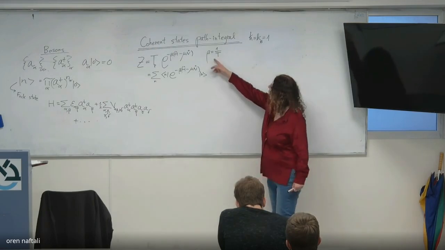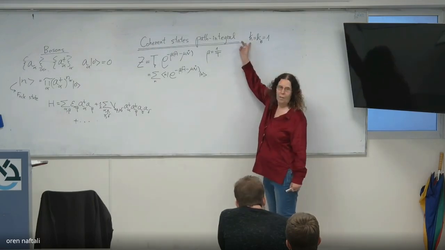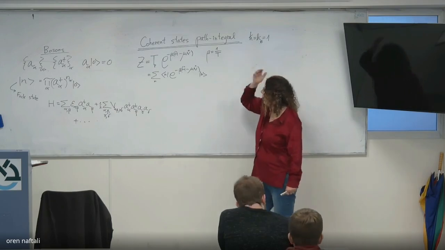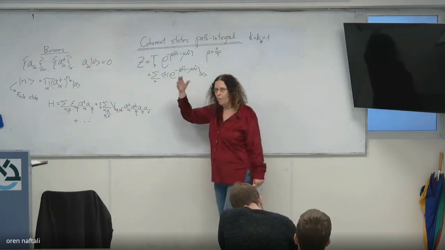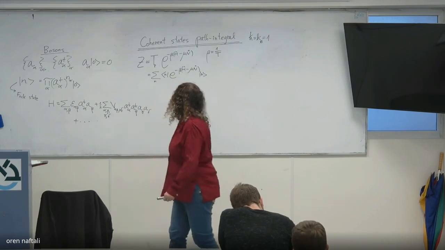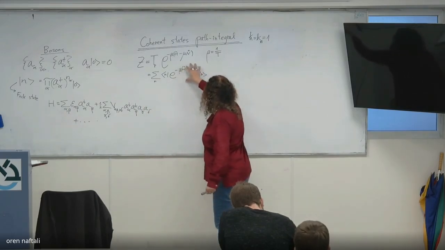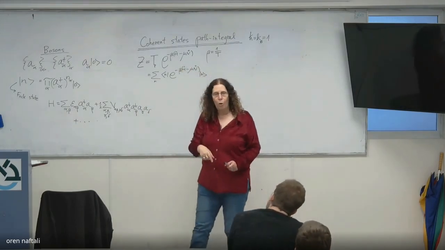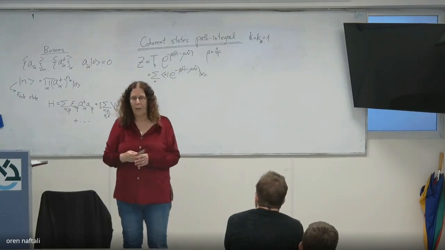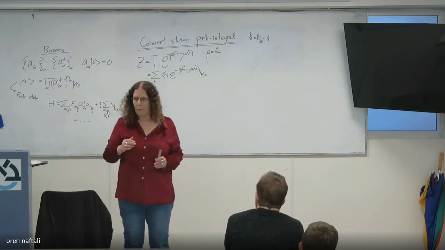In our units, beta has units of time, right? So you can think of this thing as describing some evolution along the imaginary time axis, which you can break into small steps.